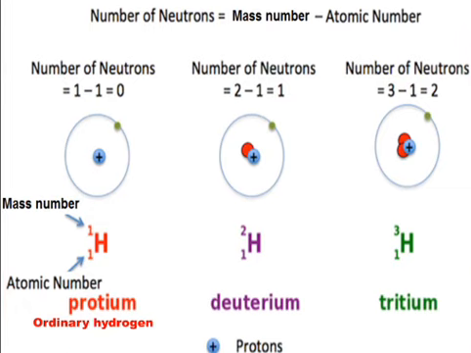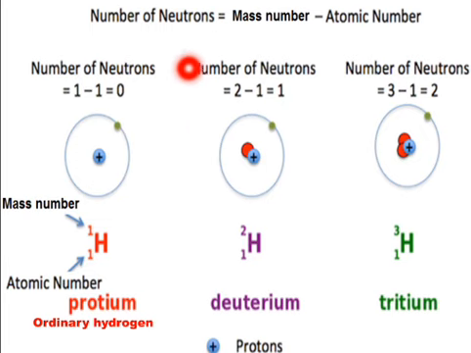Students, isotopes have the same atomic number, so they have the same number of protons and the same number of electrons, but they have different mass numbers, and the difference in their mass number is due to the presence of a different number of neutrons in their nuclei. Let us calculate the number of neutrons in the three isotopes of the hydrogen element.